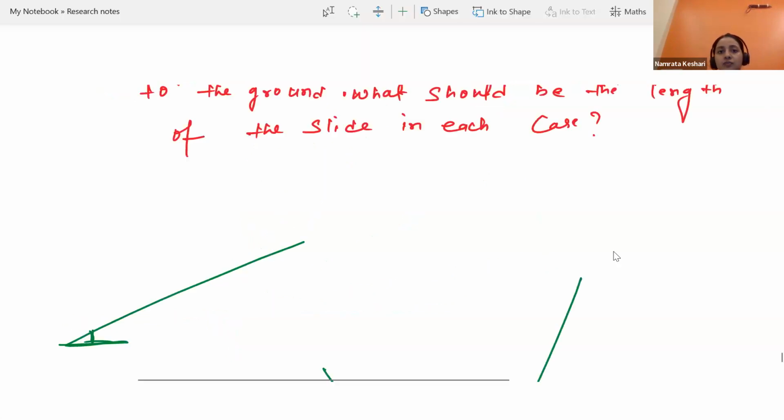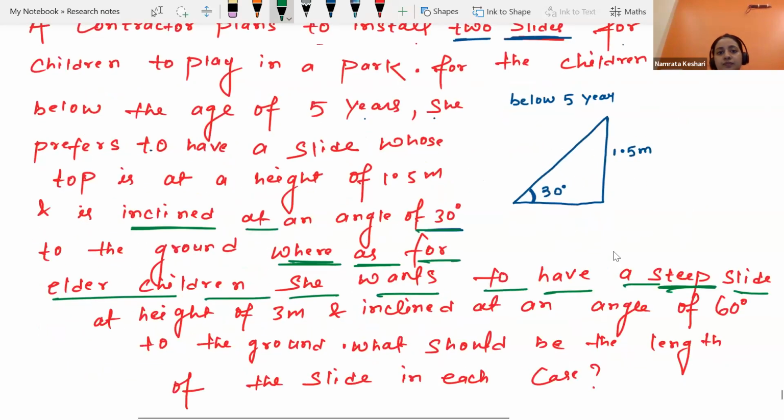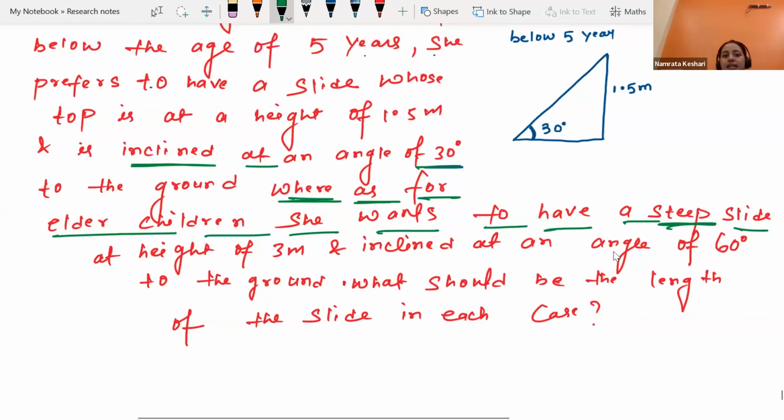Let's continue. So it says that whereas for elder children, she wants to have a steep slide. The slide is a little bit steeper than the previous scenario. The other slide is there, at a height of 3 meter, the top, this is 3 meter, and inclined at an angle of 60 degree with the ground.